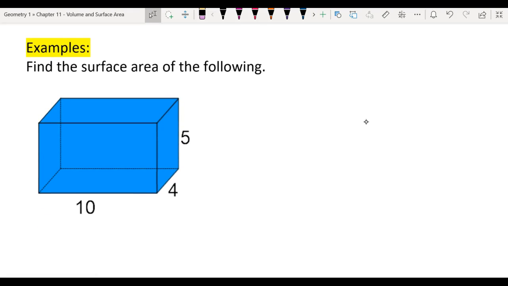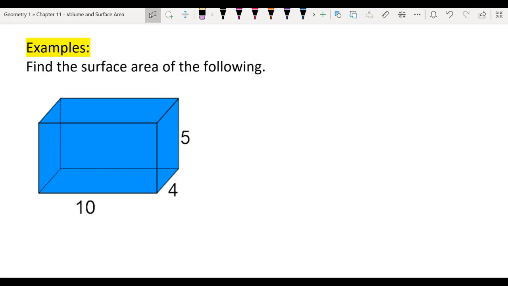So we're going to start with the surface area of this rectangular prism here. Let's start with the side that is furthest to the right. Yes, Logan, that's the height of it. Logan, just wait, I haven't asked a question yet. We're going to start with this side here. How many of this dimension do I have? I have one here, and I have one on this side too.